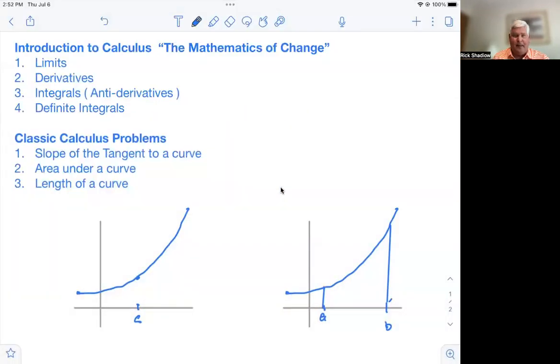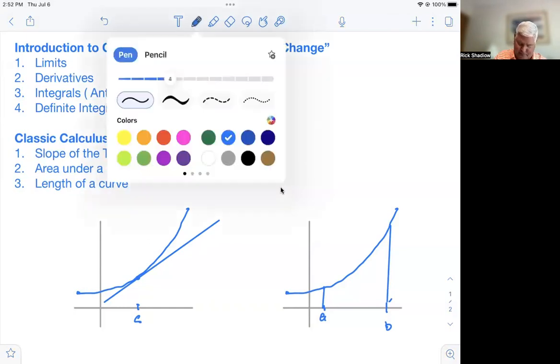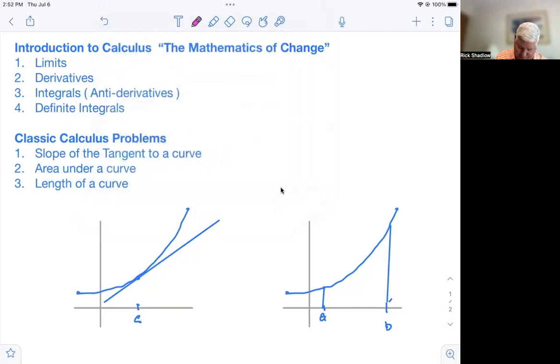There we go. Now I want to find the slope of the tangent to the curve at the point, in this case, C. So there's the tangent line, and I want to know what the slope of that line happens to be. Well, we're out of luck as far as slope, because we need 2 points to find the slope.